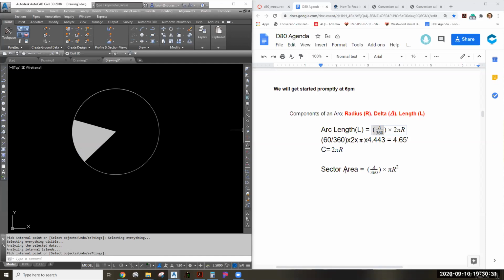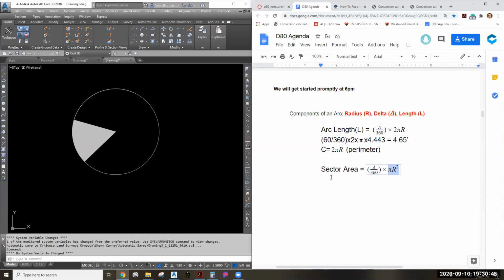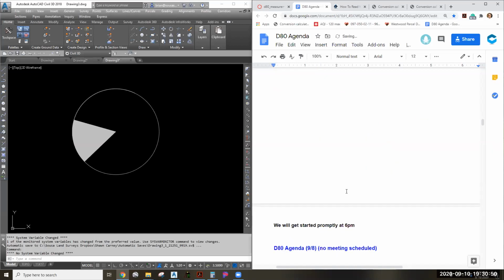Then the sector area is basically the same idea, whereas the area of a circle, so again, we're using this as the perimeter, right? We know that the area of a circle is pi r squared.